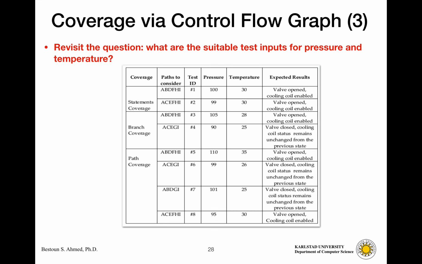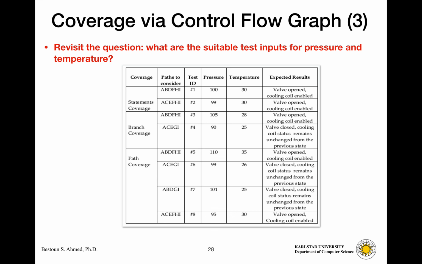I will leave this table for you to track all these test cases for statement coverage and branch coverage. For example, you have the test ID, and test cases 1 and 2 are for statement coverage, test cases 3 and 4 for branch coverage, and so on.